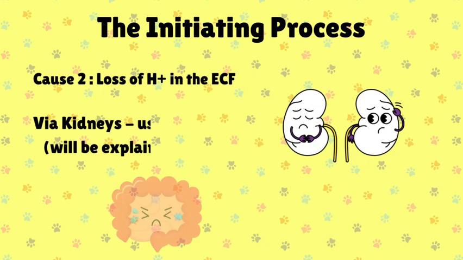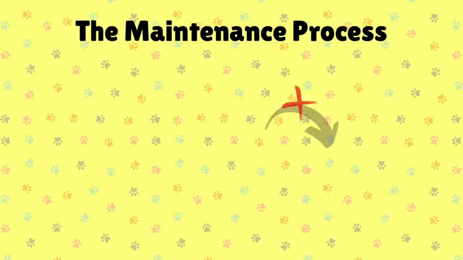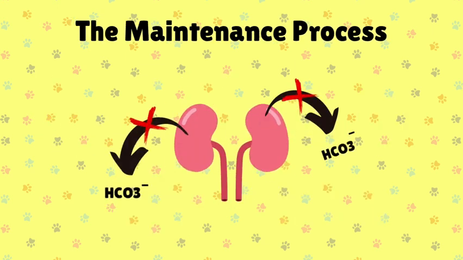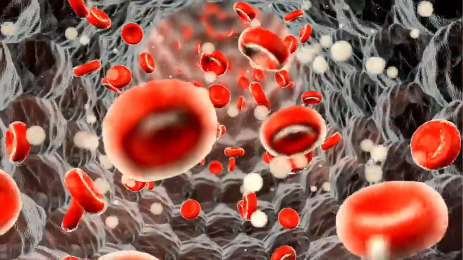It can also be due to the loss of hydrogen ions from extracellular fluid via the kidneys or via the gut. Maintenance of the alkalosis requires a process which greatly impairs the kidney's ability to excrete bicarbonate and prevent the return of the elevated plasma level to normal.